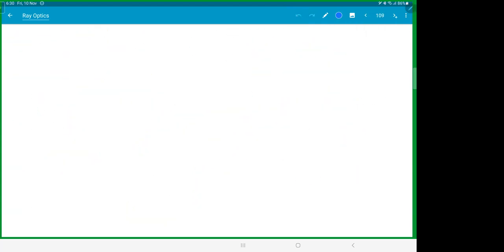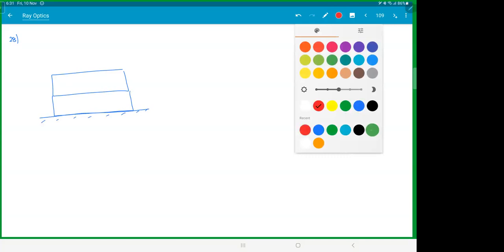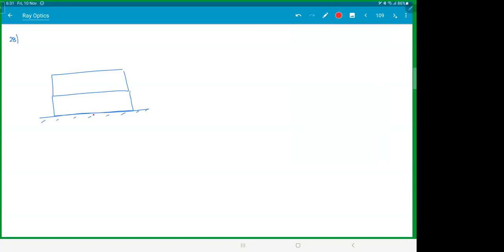Next one. Let's say we have two slabs. And let's say we have an object at the bottom. The observer is exactly on top of it.